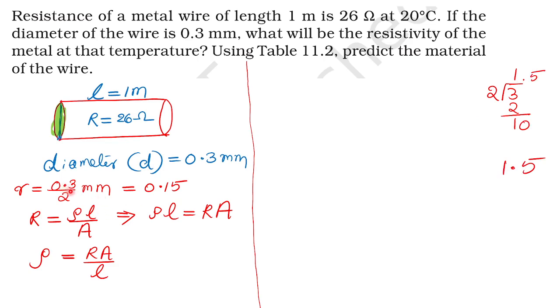Now the point goes one decimal position backward. If you don't understand, I will repeat. So the radius is 0.15 millimeter.